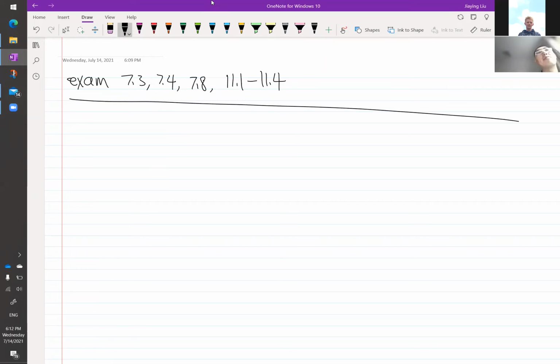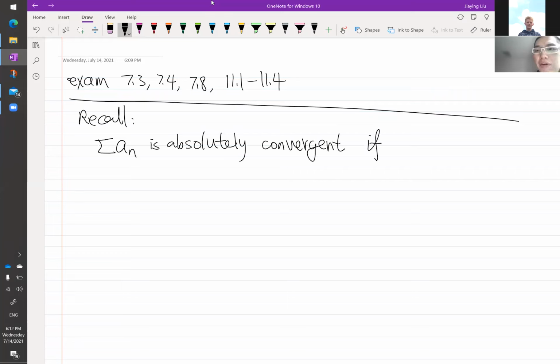Let me get started. So just a quick review. In the second half of Monday's lecture, we talked about absolutely and conditionally convergent series. So recall, a series a_n is absolutely convergent if the series with absolute value of a_n converges.